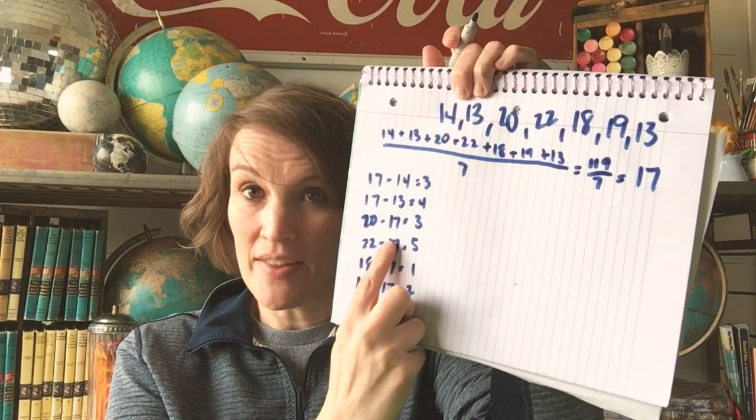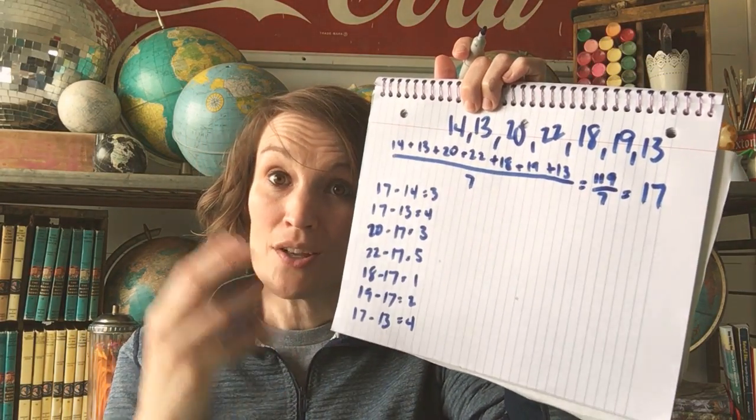Step 2, find the difference. Step 3, square all those differences. So 3 squared is 9, 4 squared is 16, 3 squared is 9, 5 squared is 25, 1 squared is 1, 2 squared is 4, and 4 squared is 16.